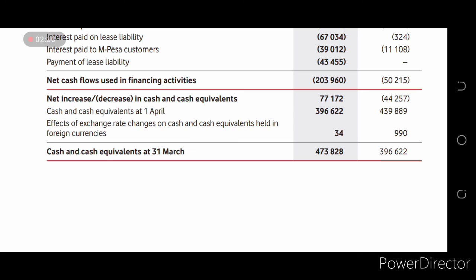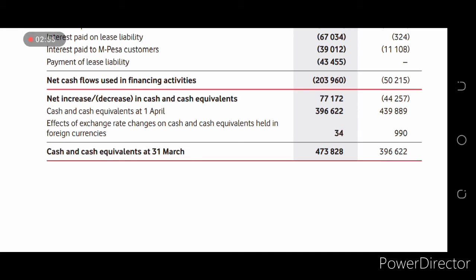So then perhaps Vodacom has got some cash and some short-term investments in foreign currency. So if there was an increase in value that has resulted from that foreign currency, then that increase in value traced back into Tanzanian shillings is placed right there, and we can finally have this cash and cash equivalents as at 31st March 2020.